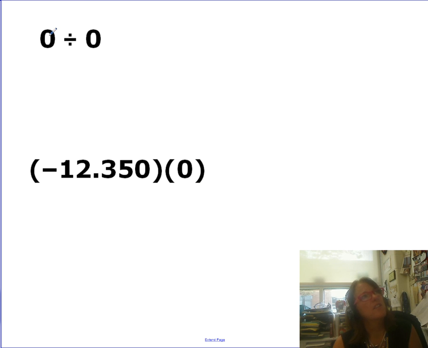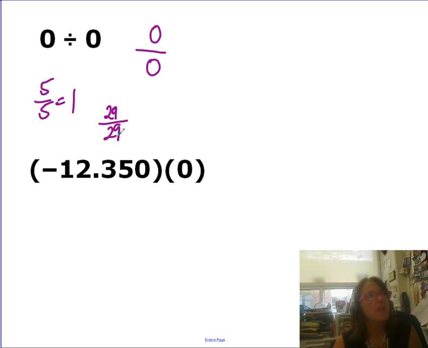Okay? Look at this one. Whoa. 0 divided by 0? My brain hurts. You'd be tempted to say 1 because, when I say 5 over 5, you'd say, well, that's 1. Yes. If I said 29 divided by 29, that's exactly 1. Yes.